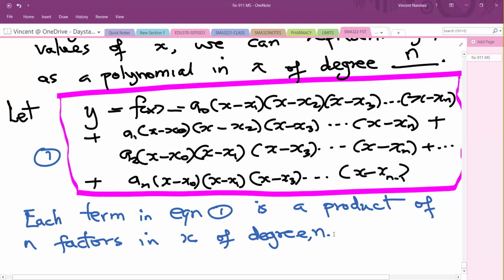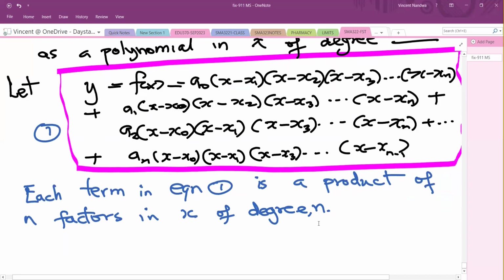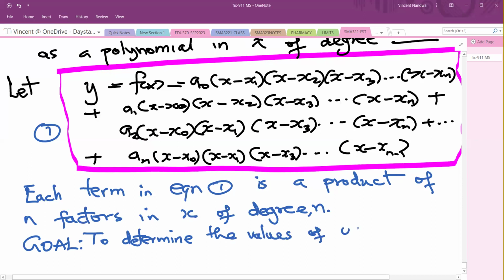So now the goal is to determine the values of the unknown constants ai in each of the terms that defines the f of x function.